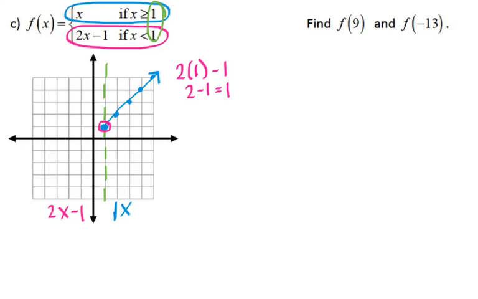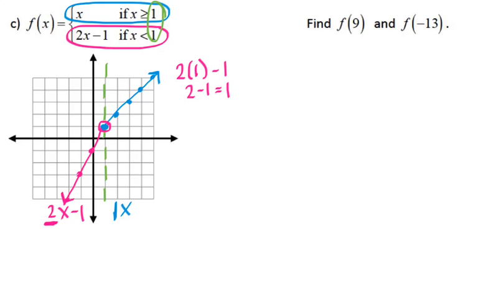Your slope for this is 2. So from that point, normally I would go up 2 over 1, but I'm graphing on the wrong side of the boundary, so I need to go in the opposite direction. So I'm going to go down 2 to the left 1, down 2 to the left 1, and then you can go ahead and graph.